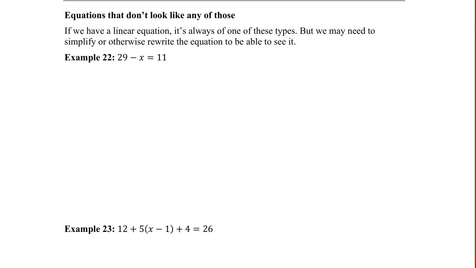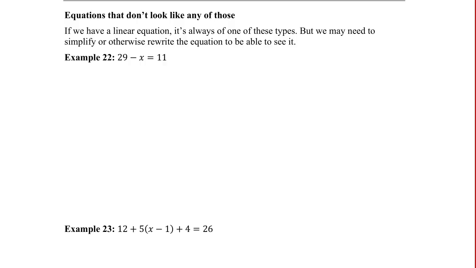So in example 22, we have 29 minus x equals 11. And we might think that this is a one-step equation because there's only one thing happening on the left-hand side. We just have one operation, just subtraction. But that's not something that's happening to x.